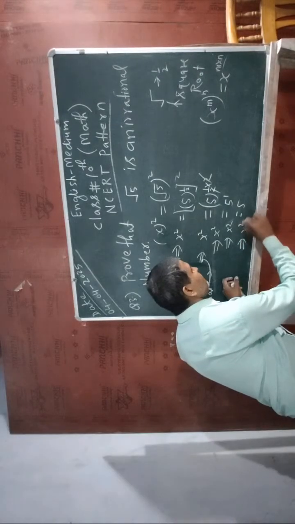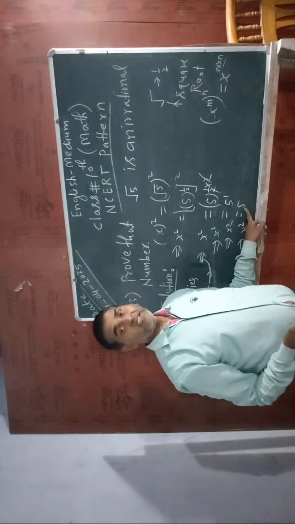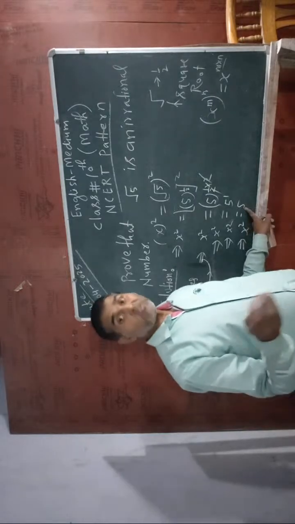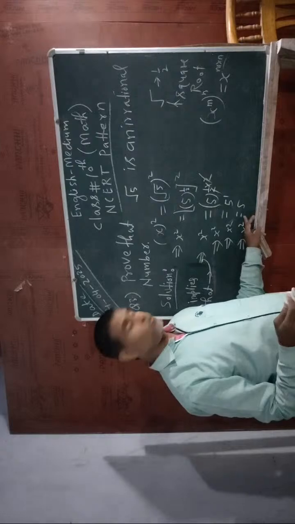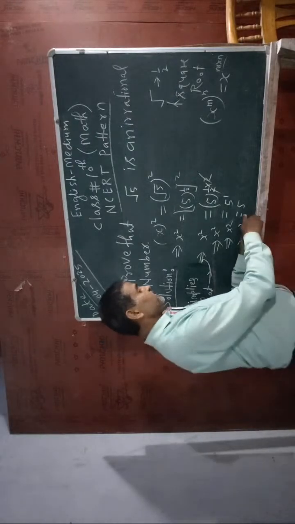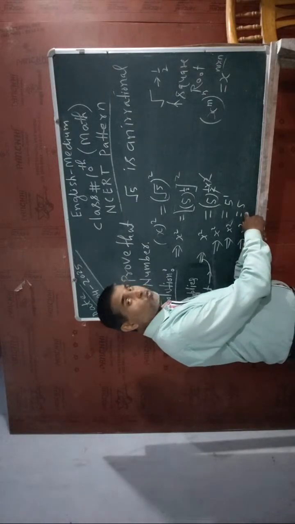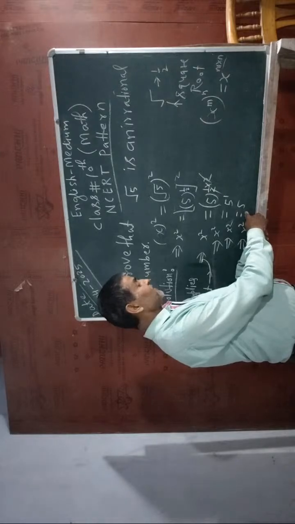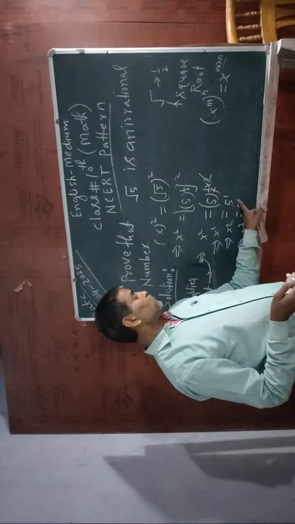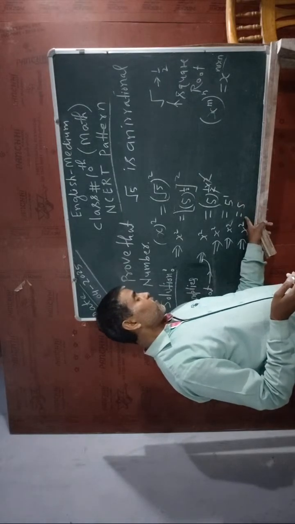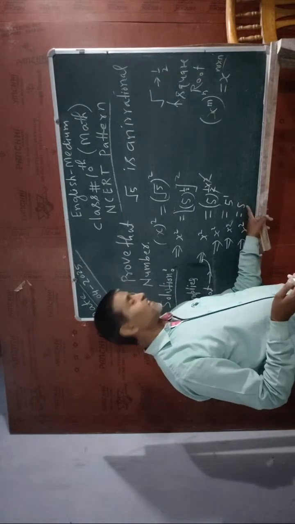x square. If any quantity is crossing the border, that is the equal sign, then after crossing the equal sign its sign will be changed.